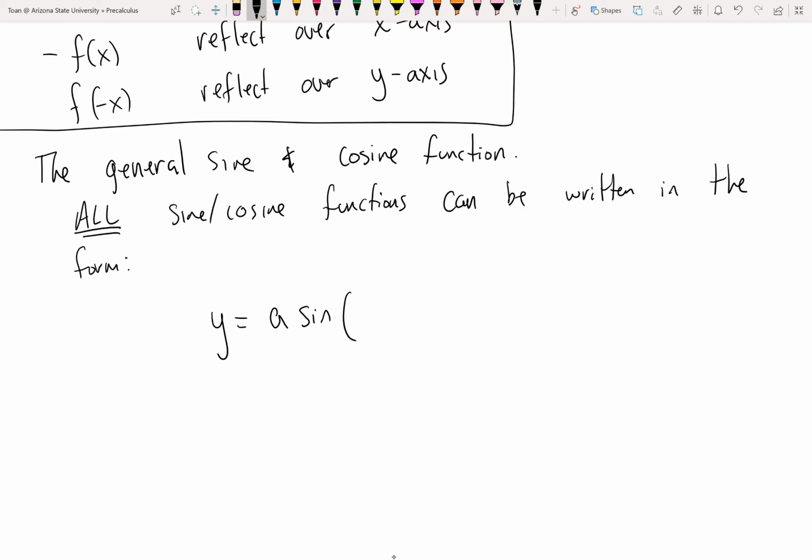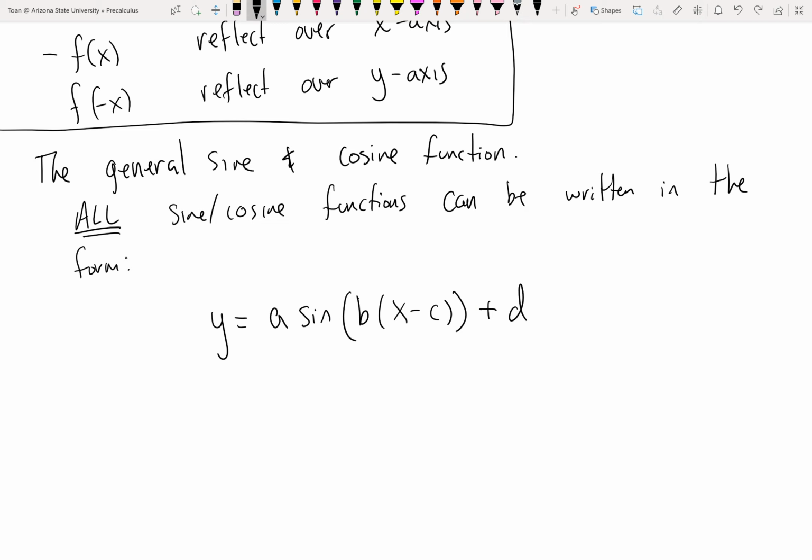I'm using sine, but you can easily replace that with cosine, it really doesn't matter. So here's the basic trig function, sine of x, but there are lots of things you can do to it. You can add stuff to the outside, you can add or subtract directly to the x, you can directly multiply the x, or you can multiply the whole function. And again, each of these pieces will change a physical attribute or characteristic of the graph.